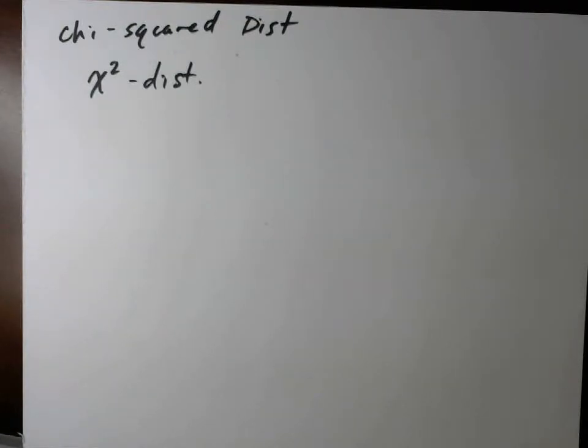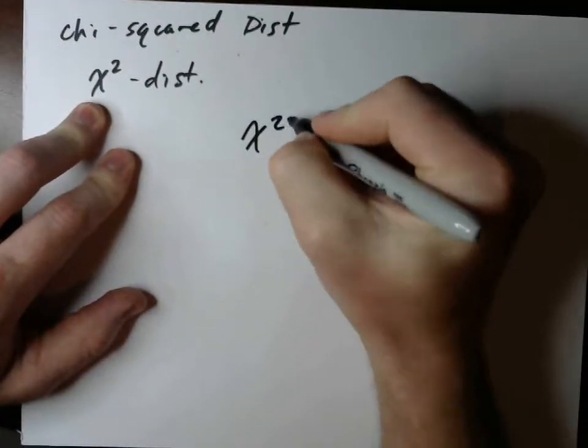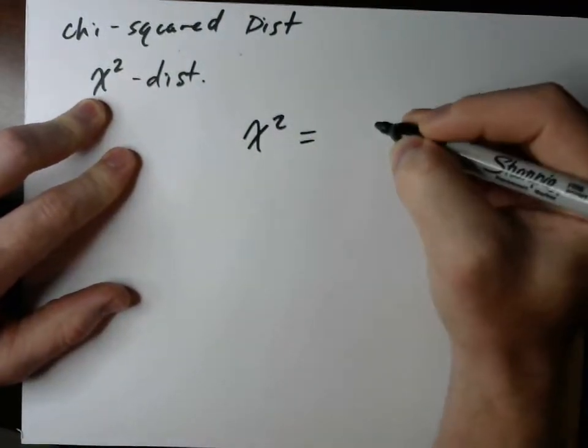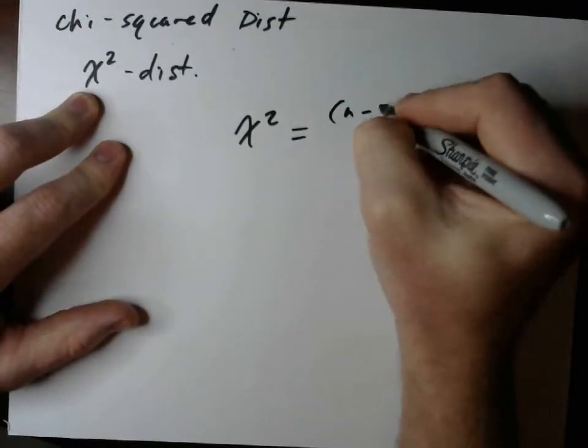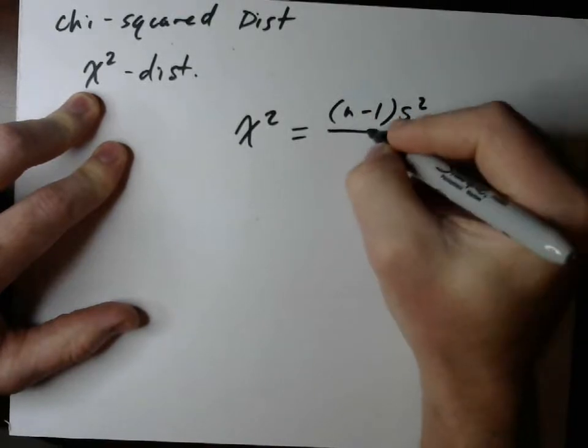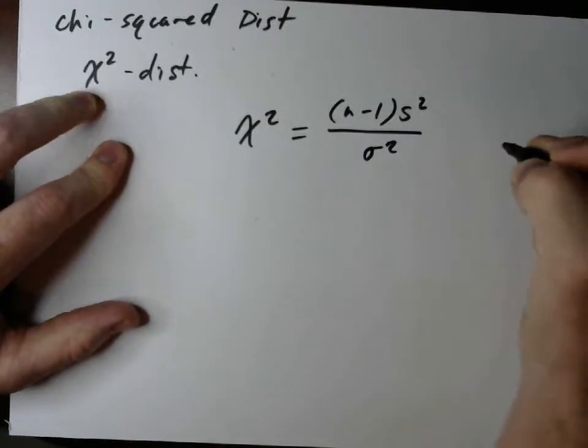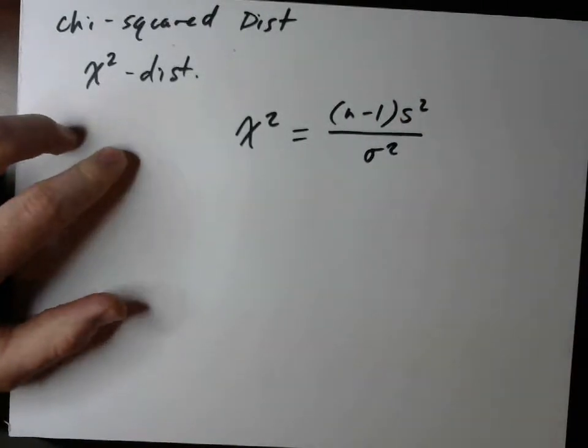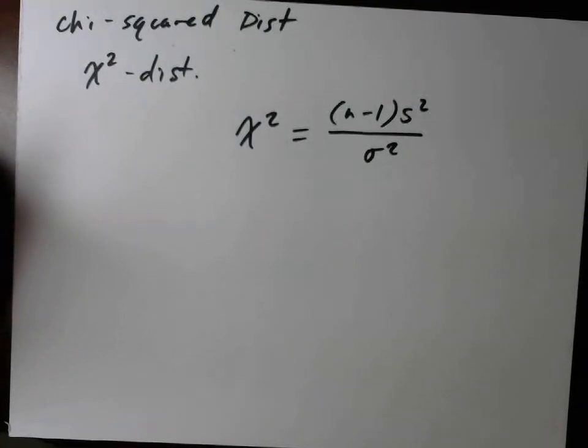Population with mean mu and standard deviation sigma, then chi-squared is equivalent to n minus 1 times s squared divided by sigma squared. And so this has a chi-squared distribution with n minus 1 degrees of freedom.